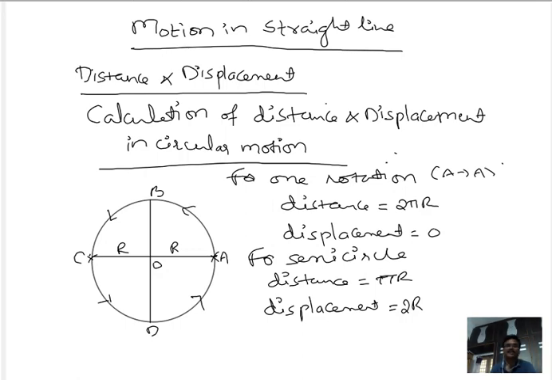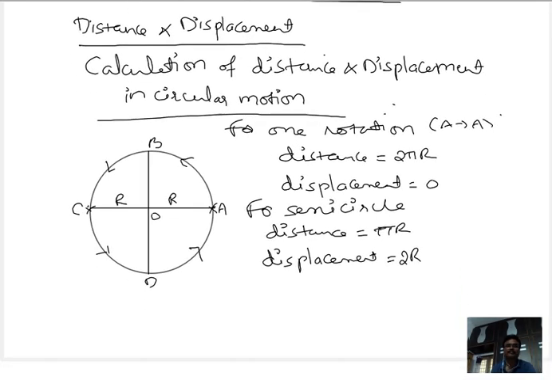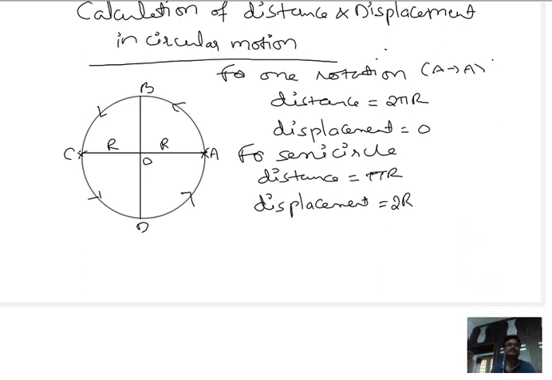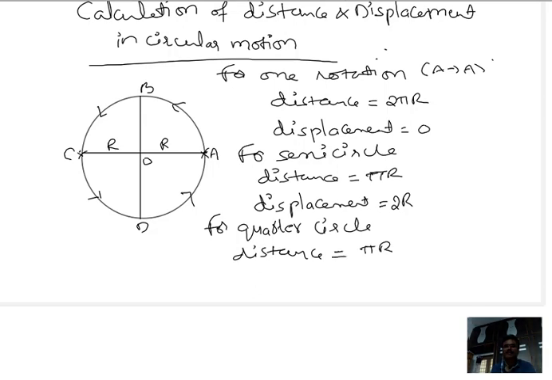Now for one quarter circle, A to B. For a quarter circle, the distance is 1/4 of 2 pi r, so it becomes pi r by 2.